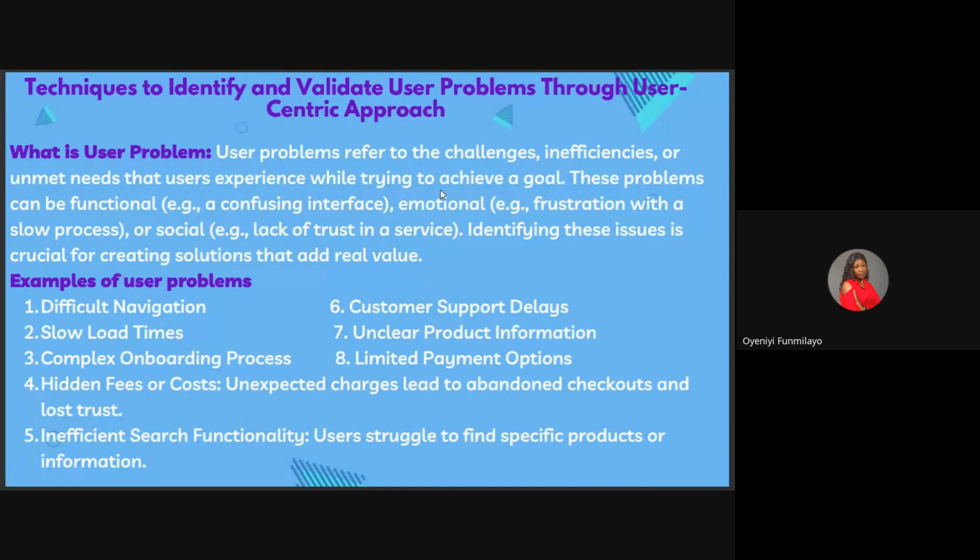If you asked me for one word, I'd say it's their frustrations. These problems can be functional, like a confusing interface, emotional, like frustration with a slow process, or social, like lack of trust in a service.